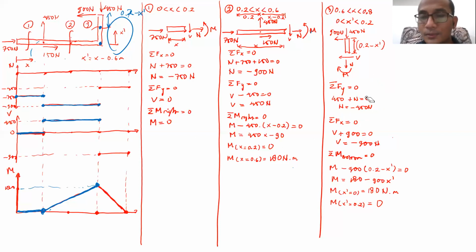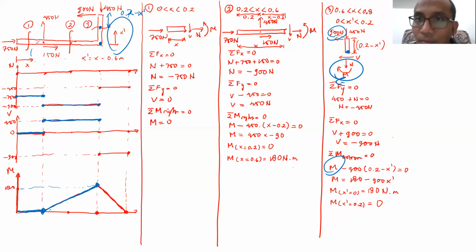Then using sigma Fx equal to 0, if going to the left is positive, V plus 900 Newton will be equal to 0. So my shear force V will be minus 900 Newton. Then using sigma moment at the bottom edge, at this point, equal to 0, if counterclockwise moment is positive, it is M minus 900 Newton multiplied by the distance.